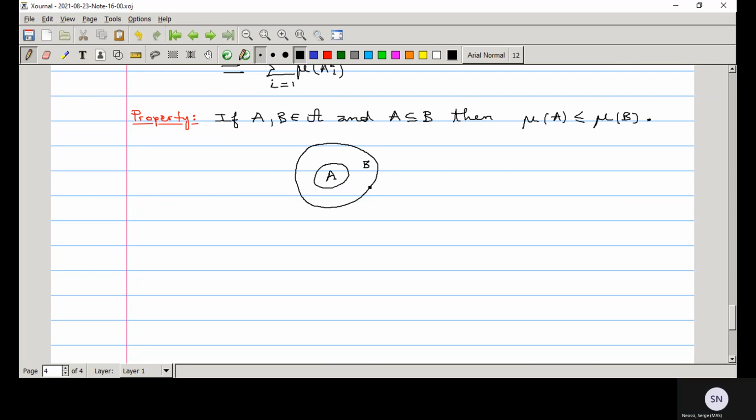And what is this? This is B intersection A complement.